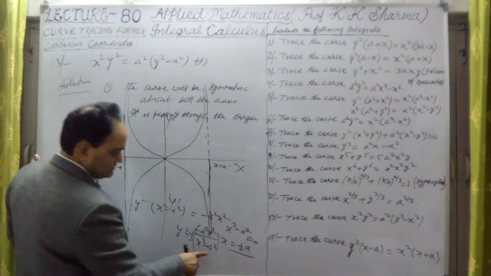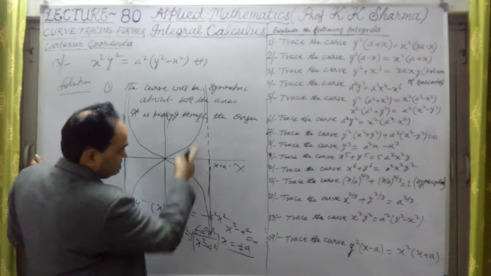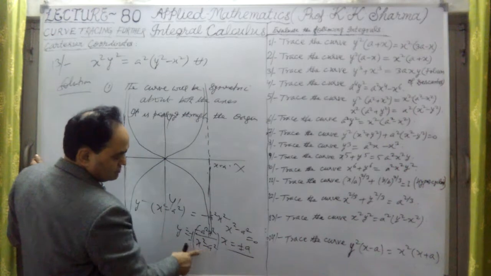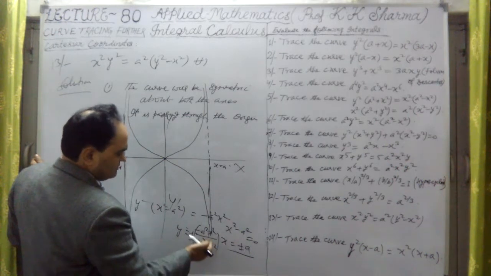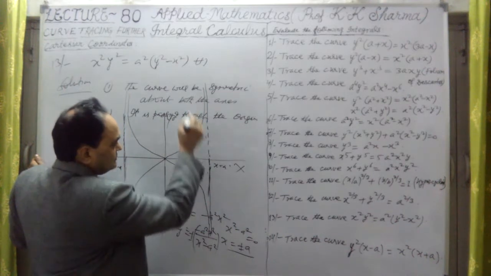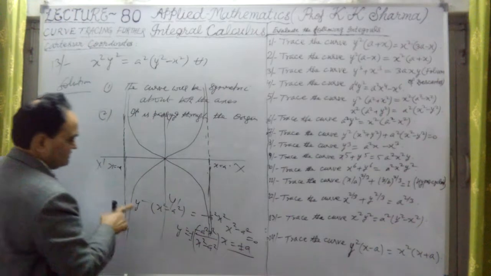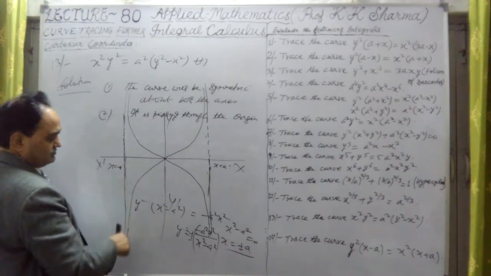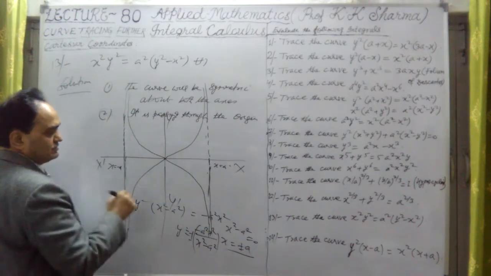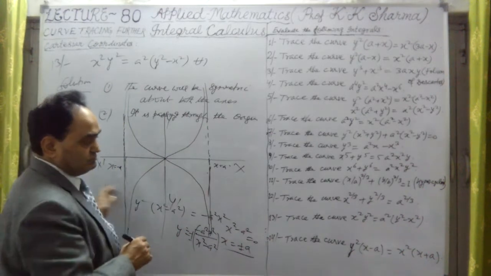When x tends to plus a, y tends to plus minus infinity, 0 in the denominator. At x equal to minus a, y is again minus infinity or plus infinity. So this is the shape of question number 13.